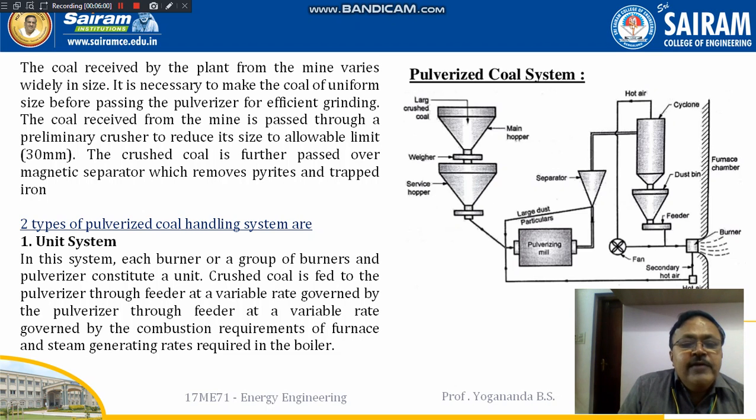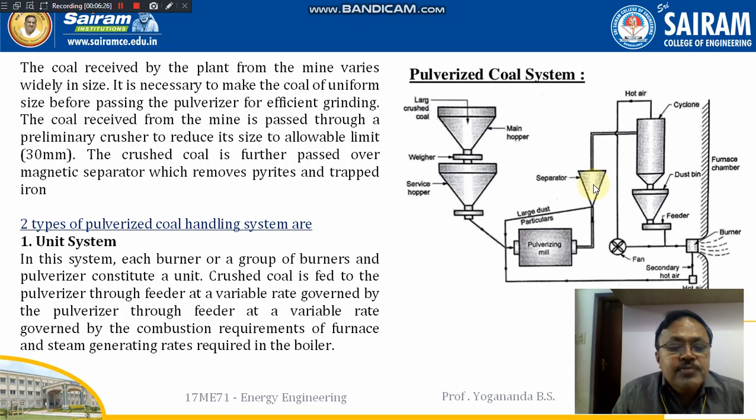The coal received from the coal mine is passed through a preliminary crusher to reduce its size to the allowable limit. The crushed coal is further passed over the magnetic separator, which removes the pyrites and the trapped iron.